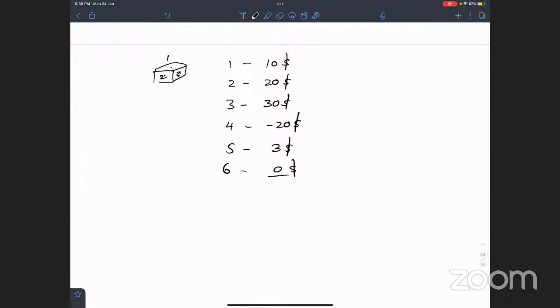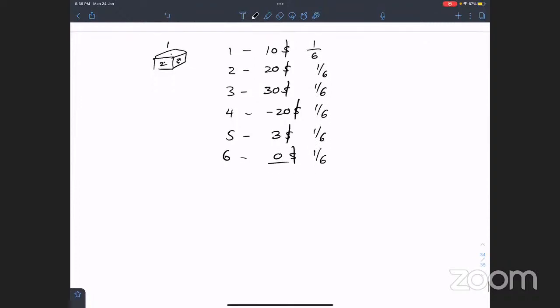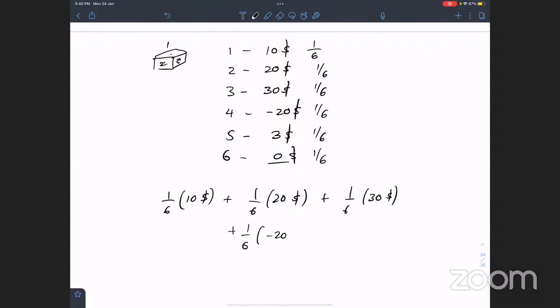Then I will ask you, what is your expected win per round? How do you do it? You will basically have to multiply the probability of each event. So you'll say, 1/6 of the time I'm going to make $10, 1/6 of the time I'm going to make $20, 1/6 of the time I'm going to make $30, 1/6 of the time I'm going to lose $20, plus 1/6 of the time I'm going to win $3.